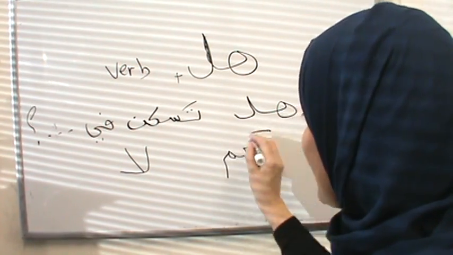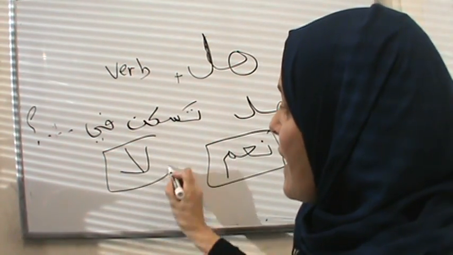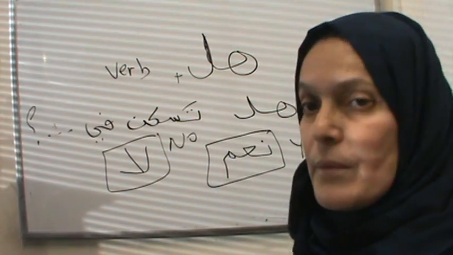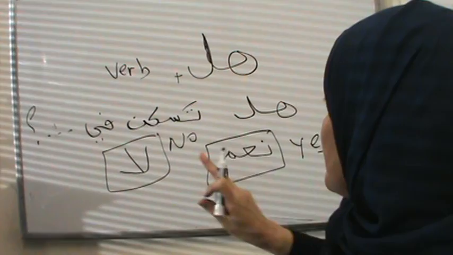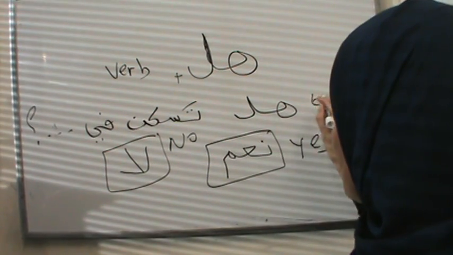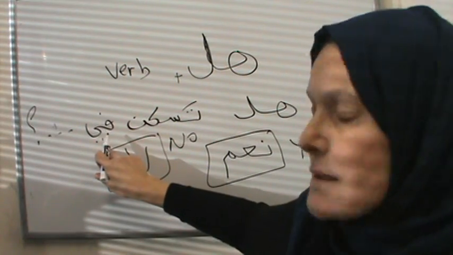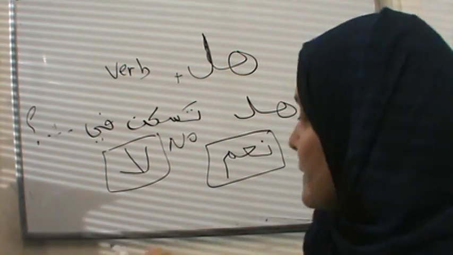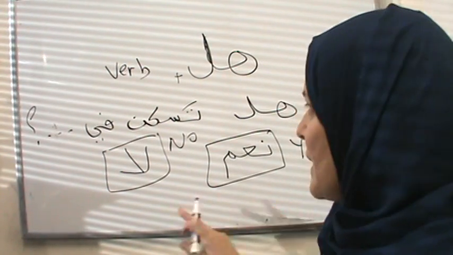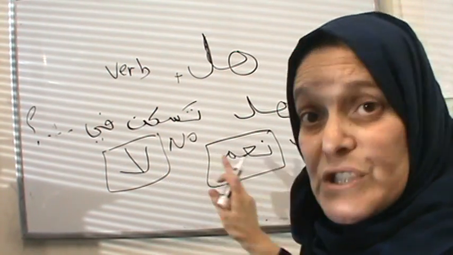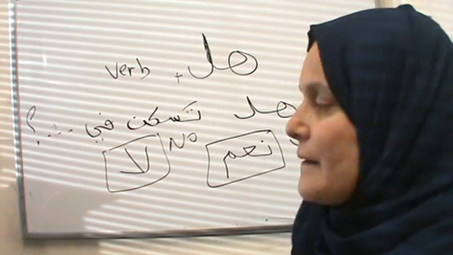Okay, so نعم is yes, لا is no. Again, hal plus verb. Example, هل تسكن في, which is in or at, and you put your city.